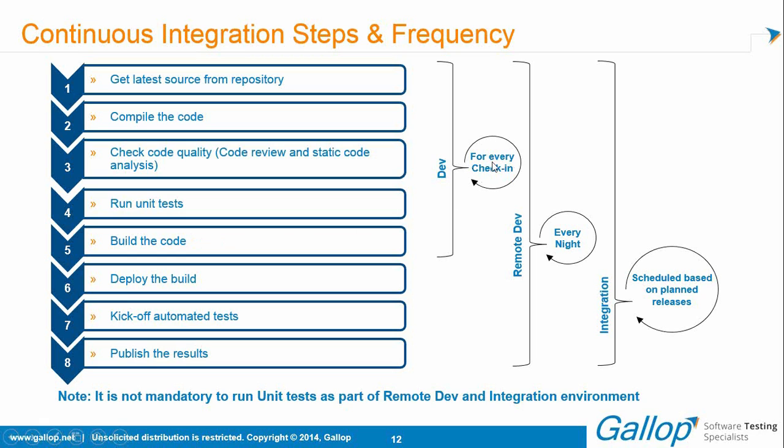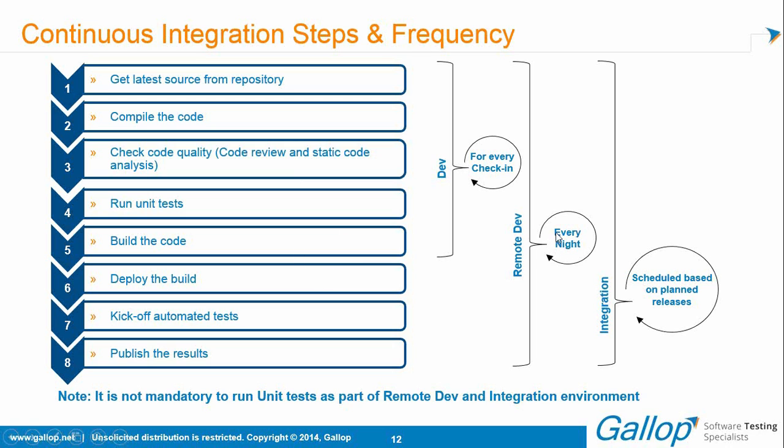The moment a major check-in happens into the repository server, automatically all this process should be triggered and everything should be done. And for the remote dev kind of environment, where the testing team will come into the picture, it should be on a nightly basis.